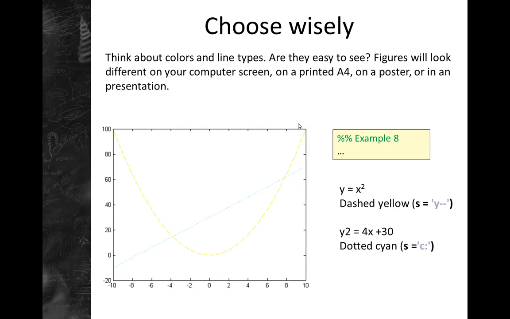You should always think about how your plot will look on a projector, on a computer screen, on a printed A4 paper, on a printed poster. So here we have a yellow function, that is x squared, and we have here a cyan or turquoise or teal dotted line, which is really hard to see. So please stay away from some colors.